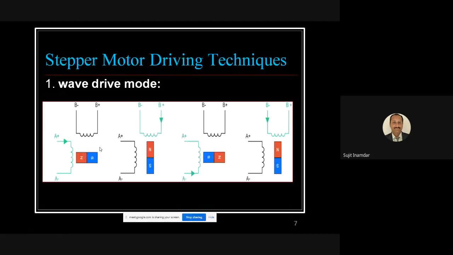As I told yesterday, on that rotor a permanent magnet having N and S poles is fixed, and due to that this rotor is going to rotate. What does its speed depend on? It depends on how much current you pass. As you increase the current, the energization strength becomes higher, and accordingly the step angle also changes, and this faster change in the step angle is nothing but the speed of that particular rotor, that is the motor.